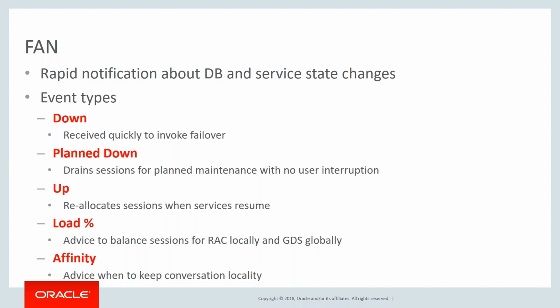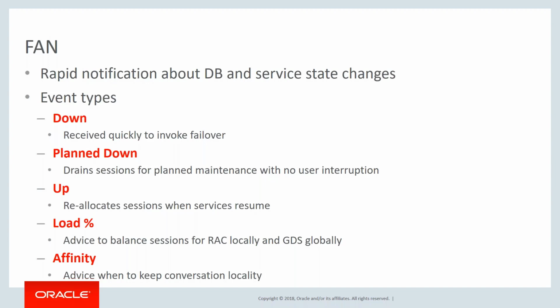A planned down event is when the administrator of the database says, I'm going to do a planned shutdown, and I need to drain, and what it tells ODP.NET to do is drain the sessions for that planned maintenance. And usually when the planned down event occurs, there's a period of time before the actual machine goes down. So it allows those sessions to be drained until the machine finally goes down. And when the machine does go down, the down event gets sent. There's the up event, which can be important.